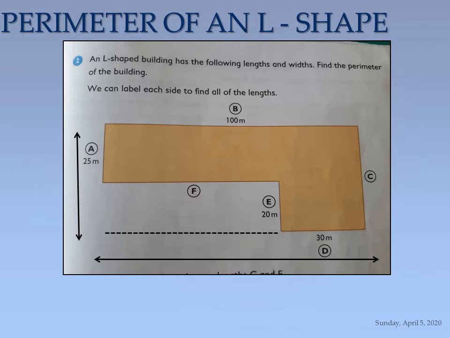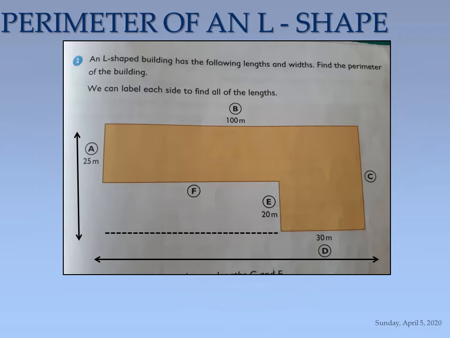Now, it means that the whole line from where side D is to the end of the dotted line is 100 meter. Okay, but only the dotted line will be 100 meter minus 30, and that will give us 70 meters. Okay, great.